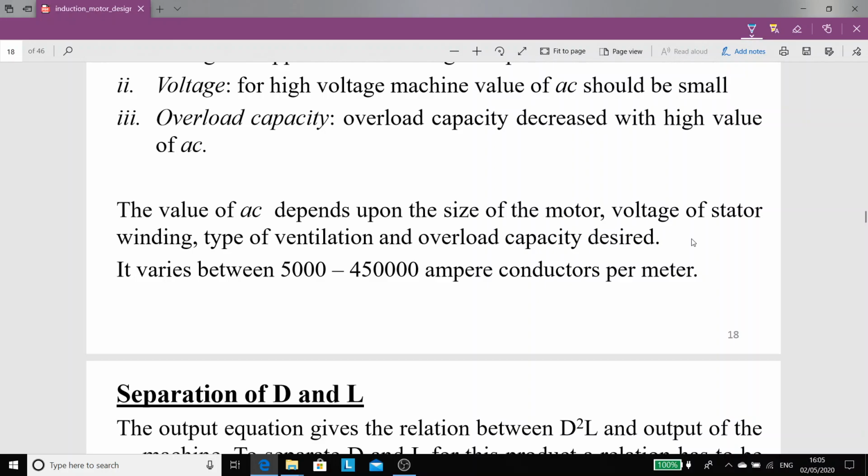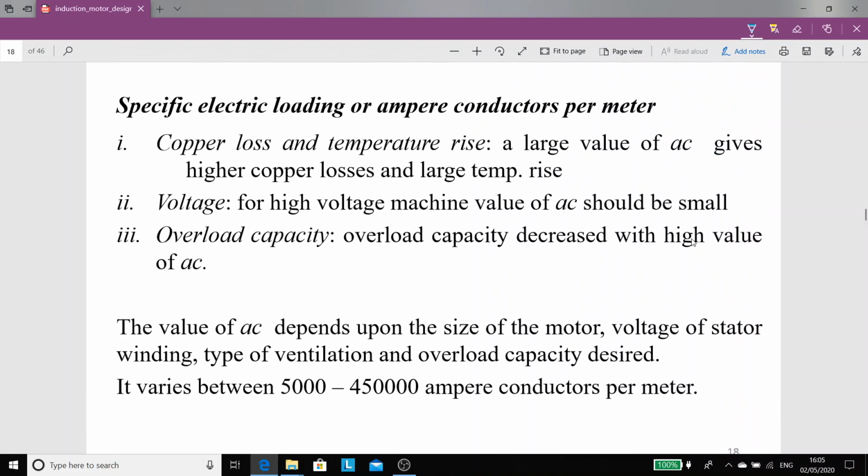So this is about the output equation, and how it helps us evaluate the effect of the selection of specific electric and magnetic loading on the main dimensions and on the performance parameters, which we have analyzed.